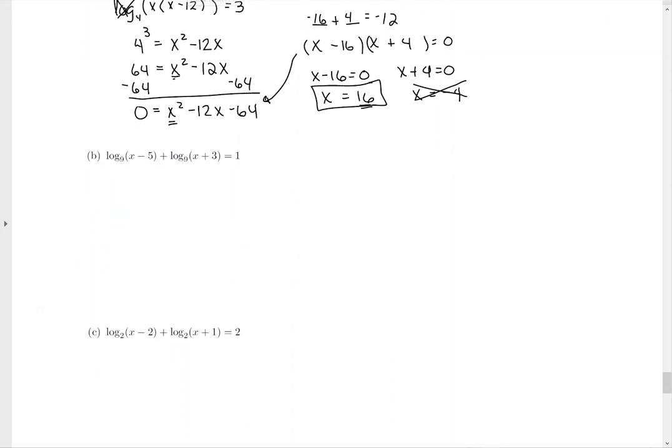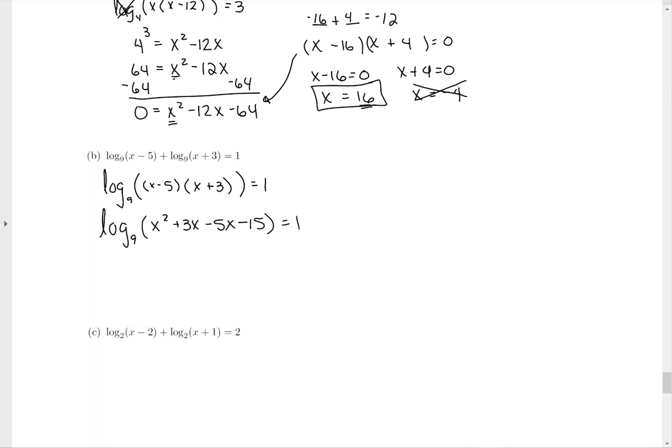For letter B, there's another addition sign. So this is log base 9 of, and we're going to multiply, x minus 5 times x plus 3. You're going to have to FOIL now the inside. x squared plus 3x minus 5x minus 15.